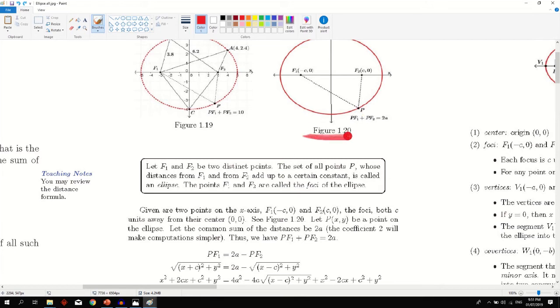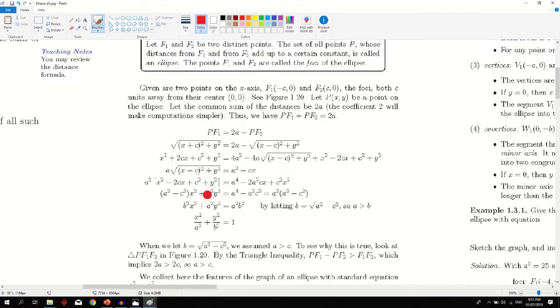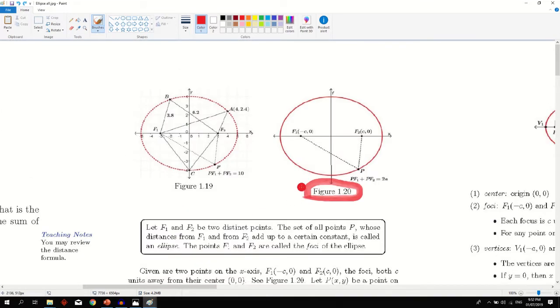This figure 1.2 is how they figure out this one. This is the standard equation of an ellipse. We have here given the foci.